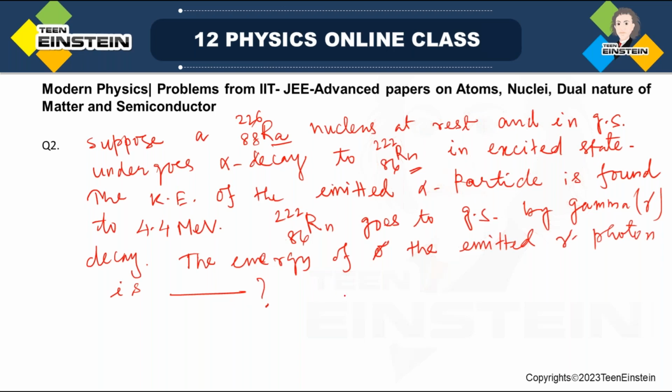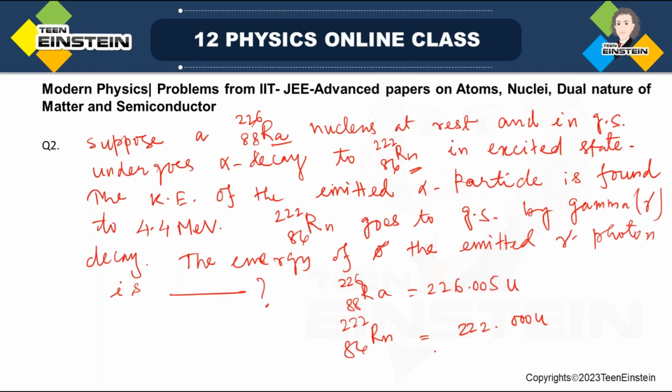So what are the parameters given? The atomic mass of radium is given as 226.005 atomic mass units. Then the atomic mass of radon is also given, that is 222.000 u.